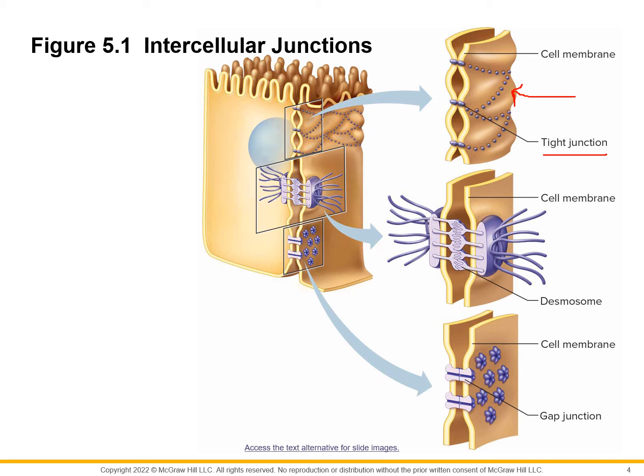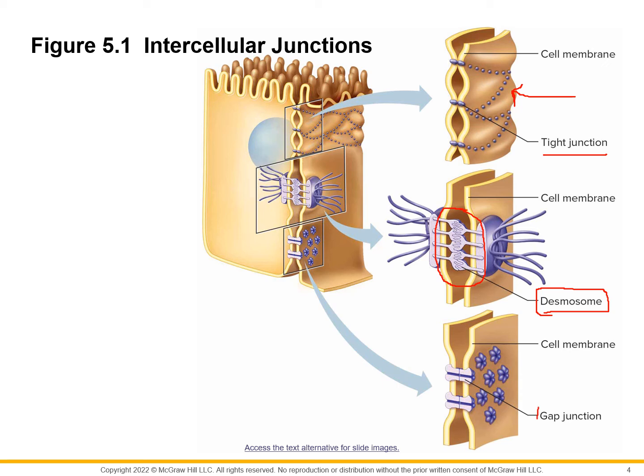I mean, it's strong, but it's not real strong like the next one we'll look at. But again, it is more like a stitching that will hold the two cell membranes together. If we want strength, we get into this, which is called a desmosome. A desmosome is kind of like a welded area between two cells that hold them together.